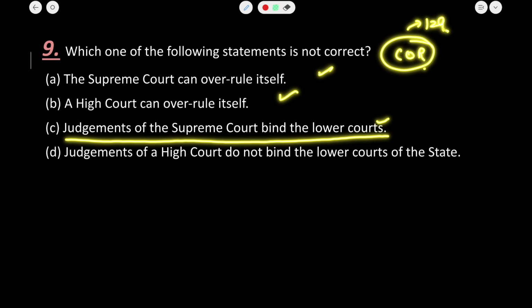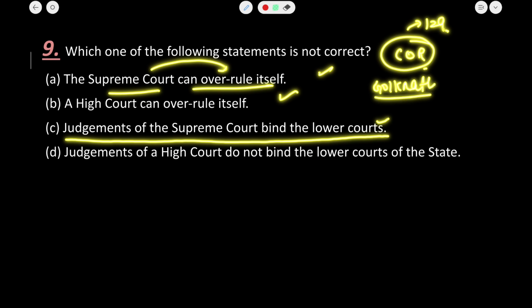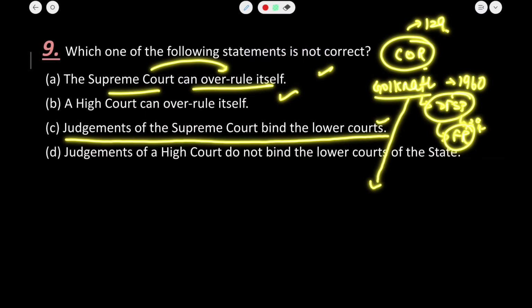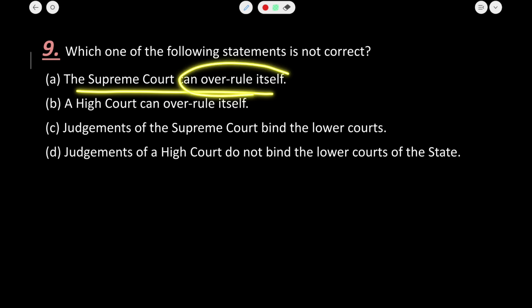It means that the Supreme Court can reverse its earlier decision. So for example, in the Golaknath case of 1967, the Supreme Court asserted that for the implementation of DPSP, the fundamental rights can be done away with. But the Supreme Court reversed its judgment in the Kesavananda Bharati case. So the Supreme Court can overrule itself.